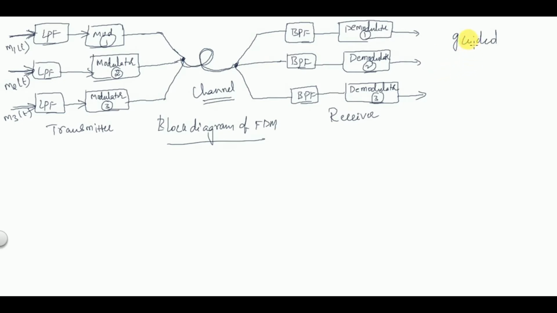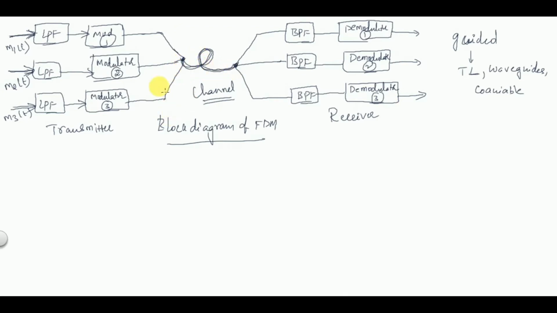Transmission lines, waveguides and coaxial cable are all examples of guided communication, where a physical connection between transmitter and receiver exists through the channel.